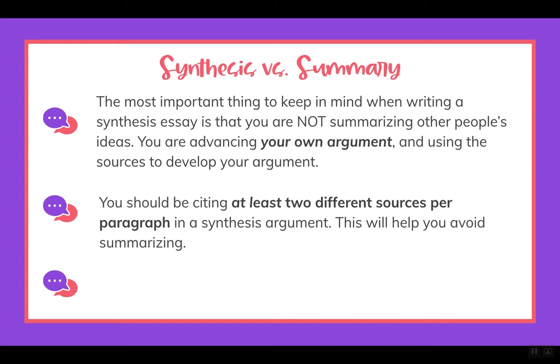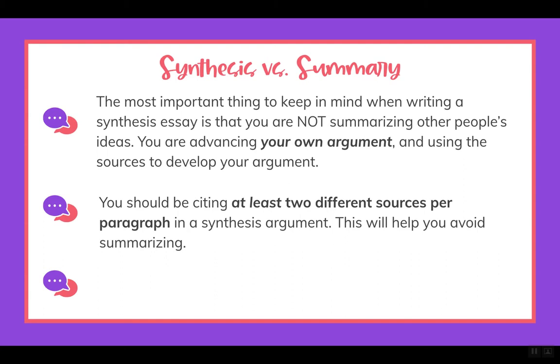When you are synthesizing and you're being asked to develop this skill, it's really important that you cite at least 2 different sources per paragraph if you're writing a traditional argument. And if you're creating something that's more non-traditional, you want to keep that same guideline in mind as an absolute minimum. Otherwise, there's a danger that you will write a paragraph that is basically just summarizing a source.